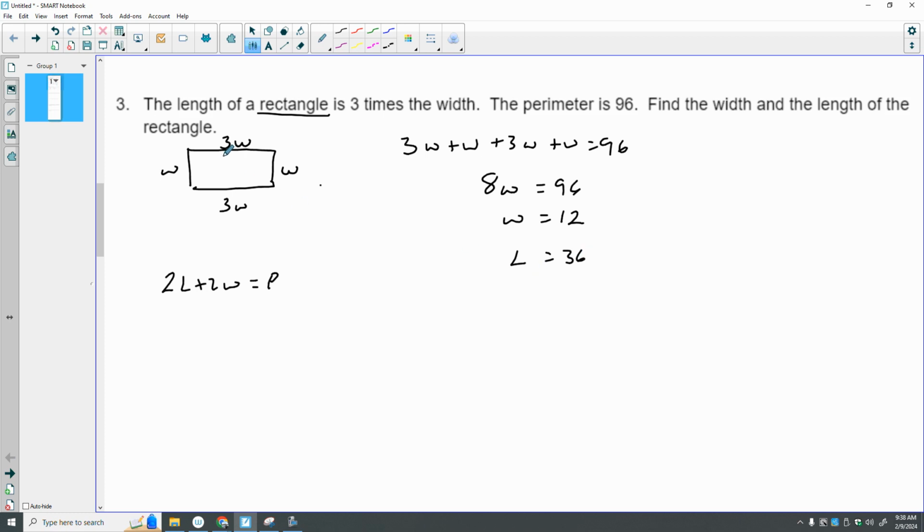Just quickly double checking, 36 plus 12 is 48, plus 12, oops, it's not 12, plus 36 is 84, plus 12 is 96. It works.